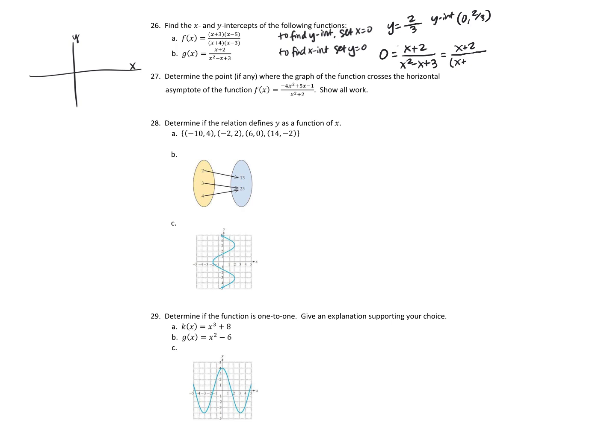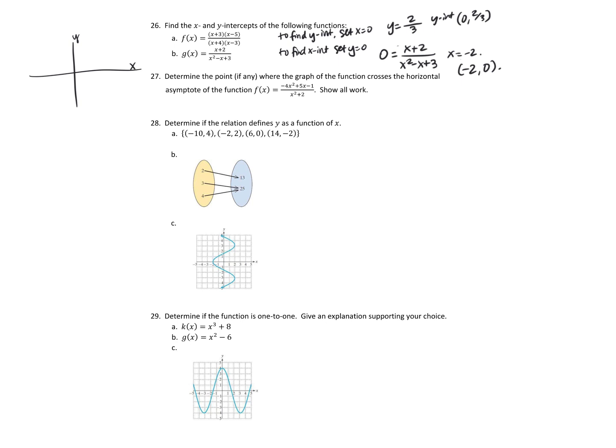Actually, the bottom doesn't factor. Anyway, it doesn't matter. If I set that equal to 0, that means the top part is equal to 0. So that gives me x is equal to negative 2. So it just has the one x-intercept. So it's at negative 2, 0.